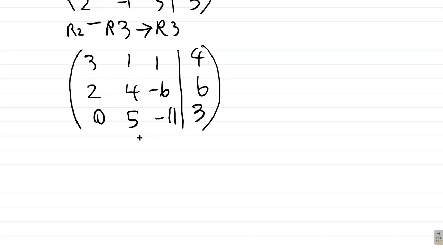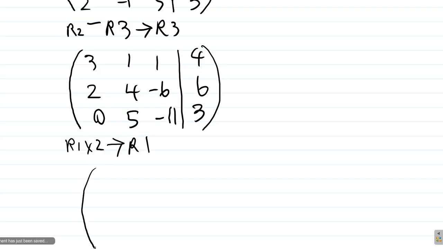We want to make, suppose we multiply row 1 by 2 to make a 6 here, and row 2 by 3 to make a 6 here. Then we would take this 6 and this 6, subtract them and get a 0 above this. So we want row 1 multiplied by 2 to lead to a new row 1. Let's do that here.